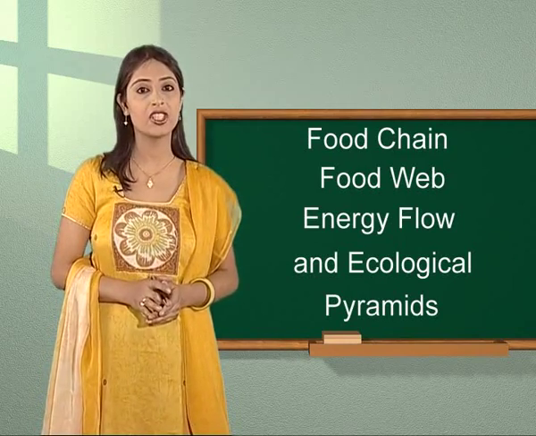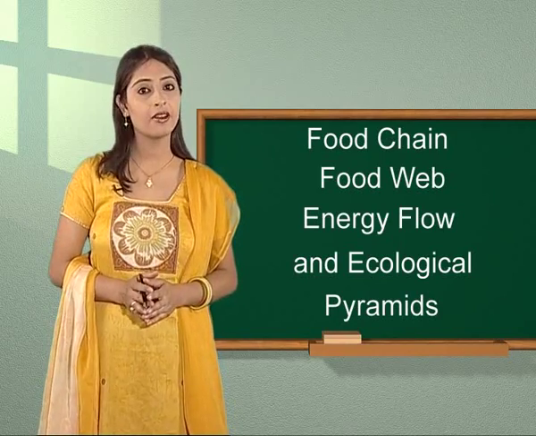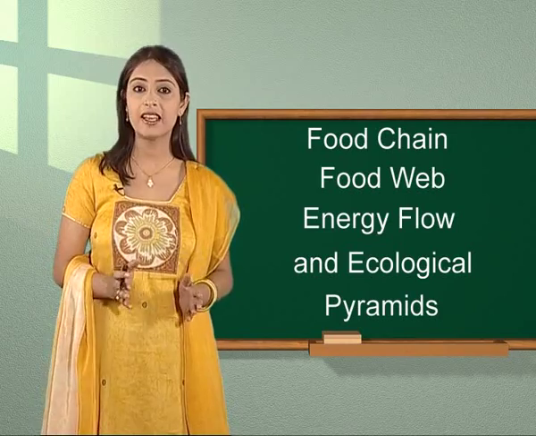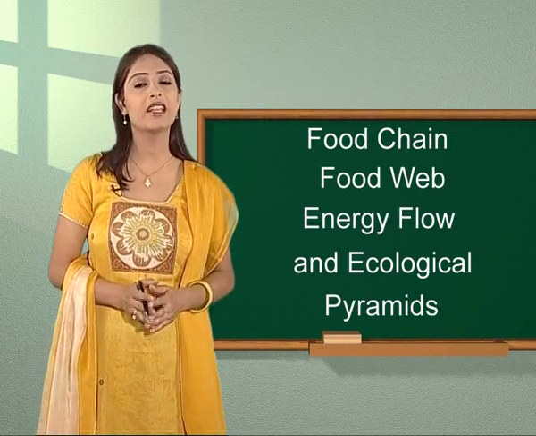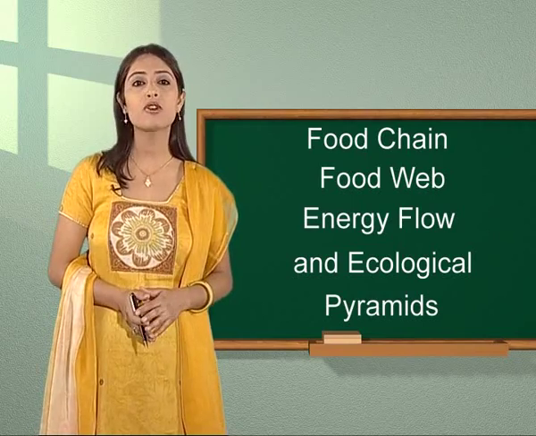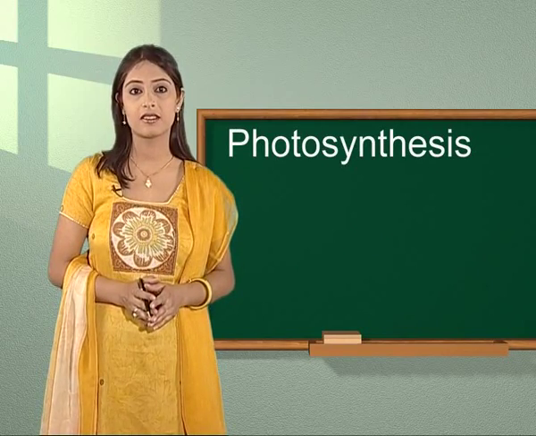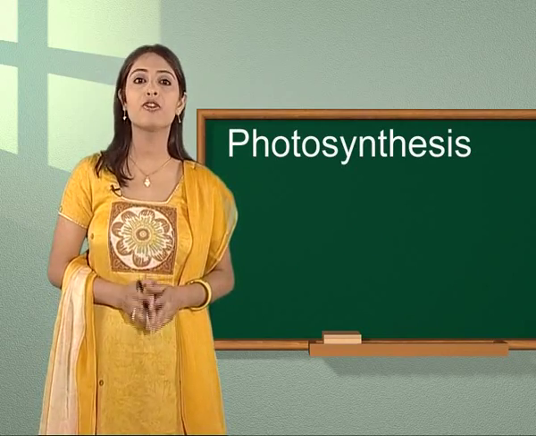Soil nutrients, air, water, and sunlight collectively provide energy for all living creatures. Plants use all these components to get energy by a process called photosynthesis. Animals get energy from the food they eat.